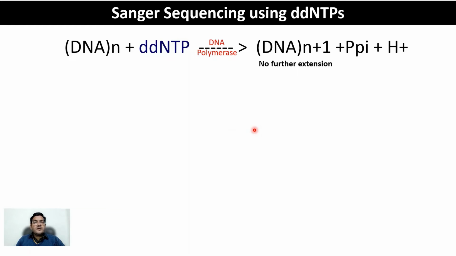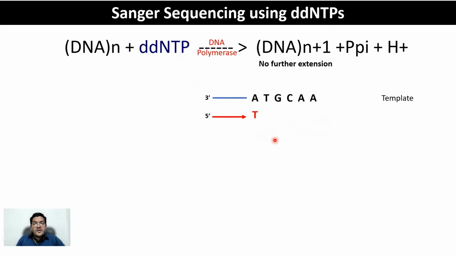So here you are, this is a template, and you would be synthesizing a complementary DNA strand to this template, which will basically be extended on a primer here, right? So here you are, this is the primer. The 5' end, 3' end is where the new nucleotides will be added. And while you're adding the new nucleotides, you have a choice between adding a complementary dNTP or a complementary ddNTP, right?